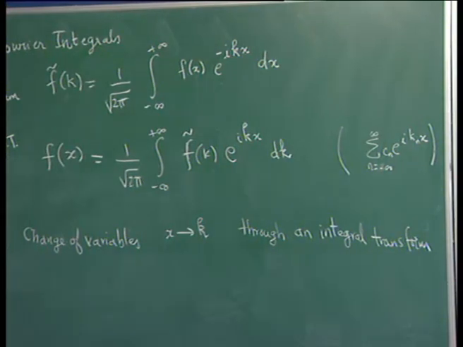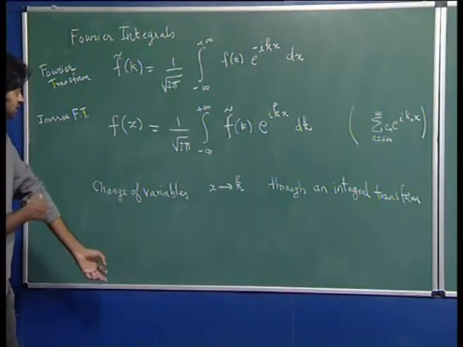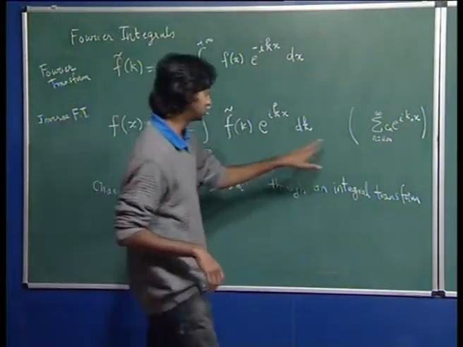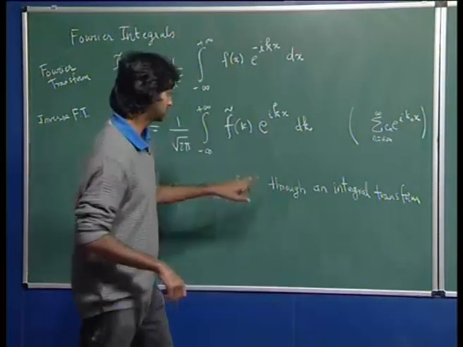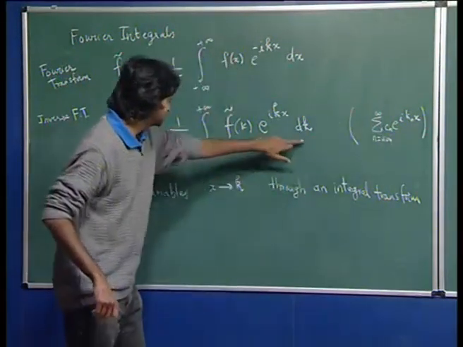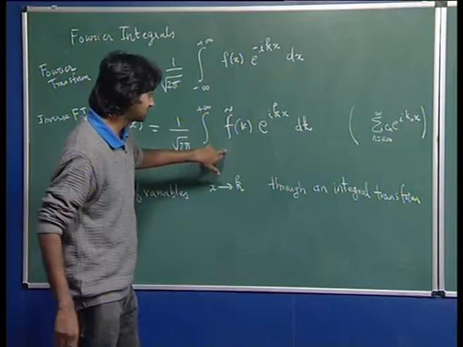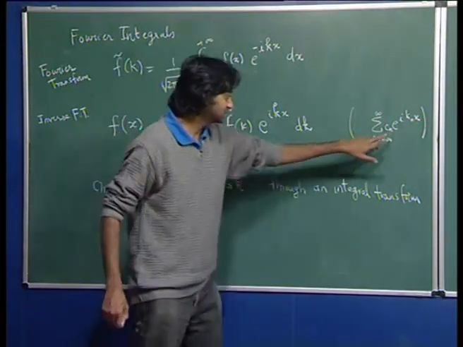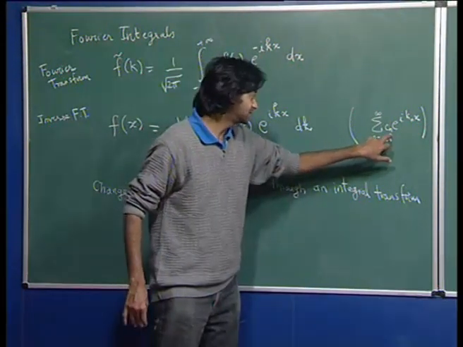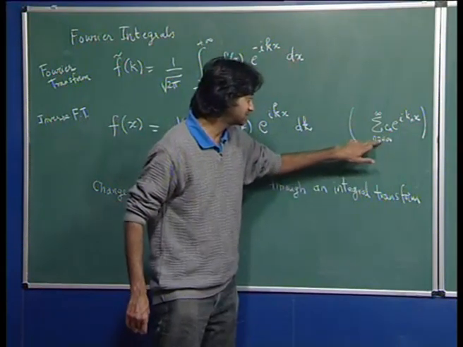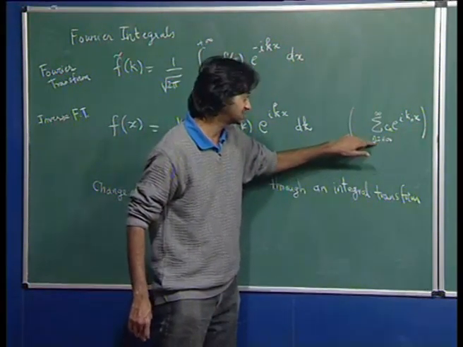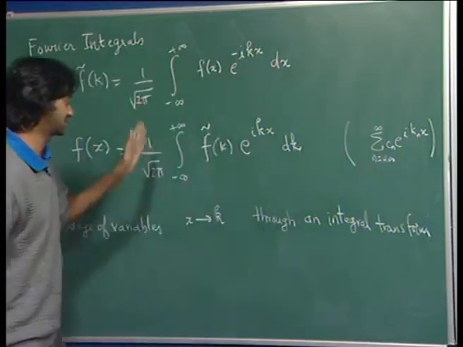Alternatively, especially if you look at this connection, this transform looks like a Fourier series, but instead of having a discrete basis where n went through discrete numbers, you had a continuous basis.